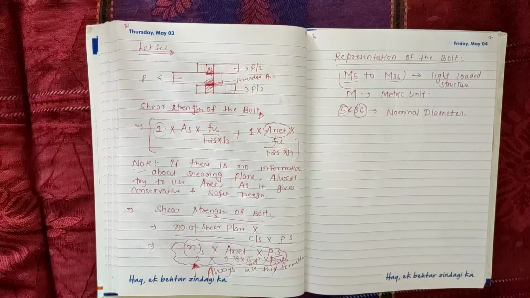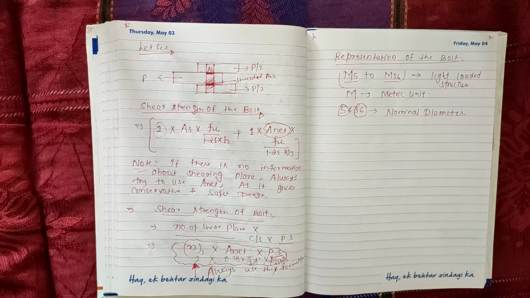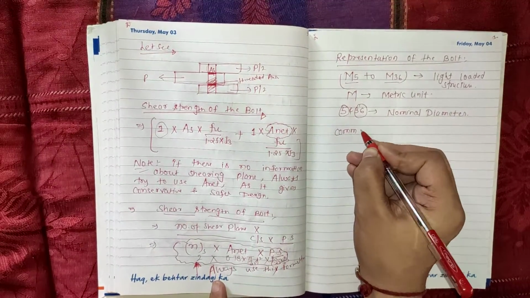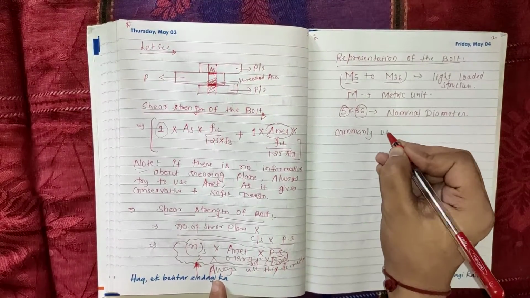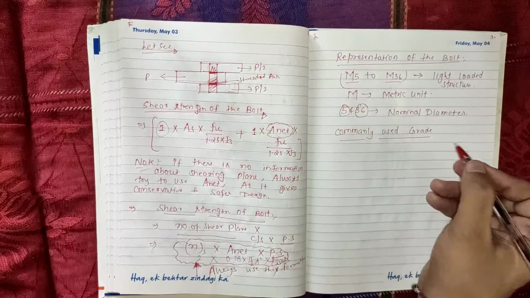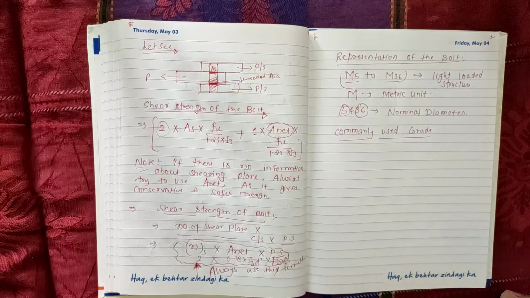Now this is the representation of the bolt. Now I am telling you the grades used in this bolt. So the commonly used grades, this is also the part of the design. When you design the grading of the bolt, 4.6 and 8.8, you need to know the bolt is checked for shear, so you need to know what type of grade we need to use in this design, 4.6 or 8.8.